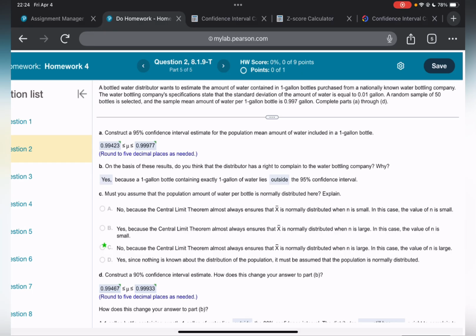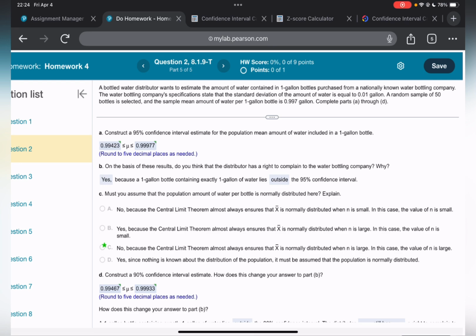So one more time, let's read now carefully. I'm reading the second problem, second sentence, that the water bottling company's specifications state that the standard deviation of the water is 0.01 gallon.